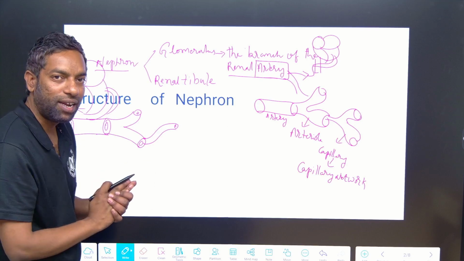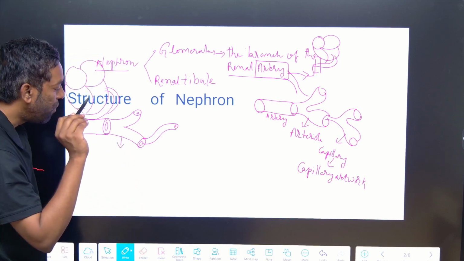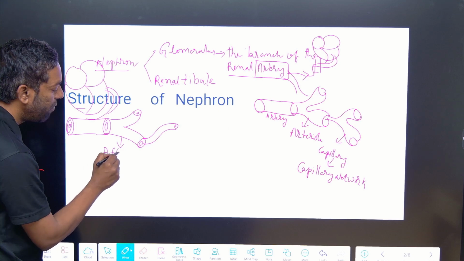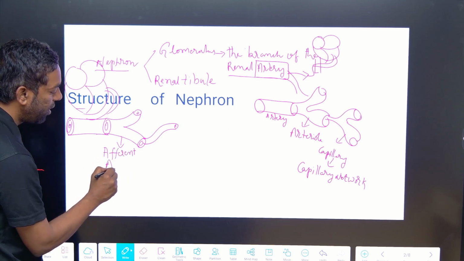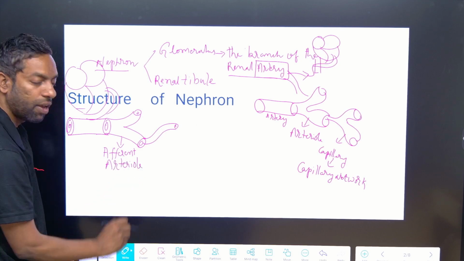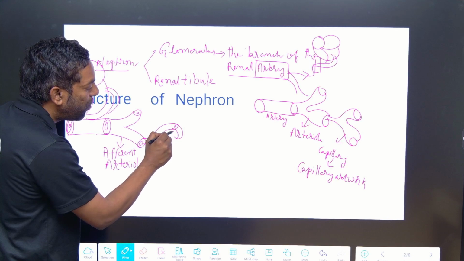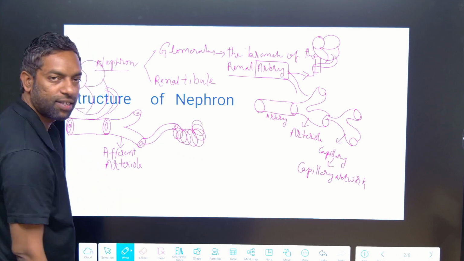If we come to the kidney, this arteriole we can call the efferent arteriole. This capillary network further forms a network like this.